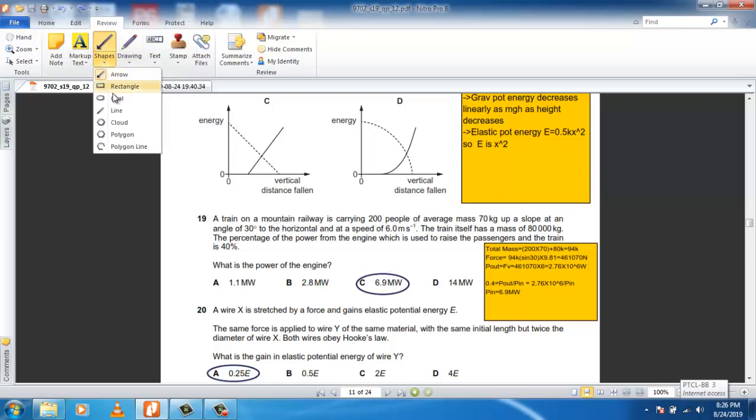Because the train is on a slope, there is some angle theta, so the force acting along the slope is mg sine theta.